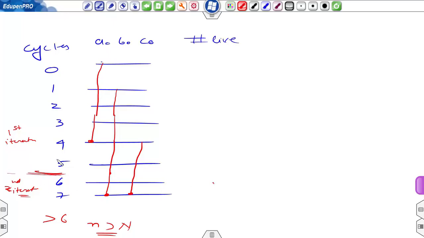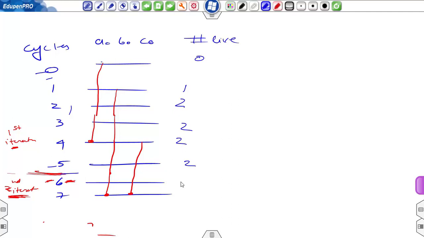For the first iteration, the calculation is as usual. You can directly calculate the live variables: 0, 1, 2, 3, and 2. From this point onwards, that is from the second iteration, you cannot directly include the number of live variables.